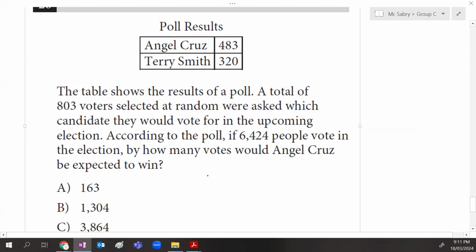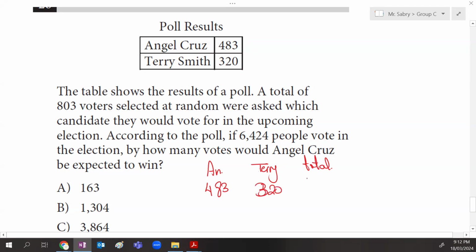So right now, I'll put those as Angel Cruz and Terry Smith over here. And I'll put a new column that says total. Under Angel, I'll put the 483, which is the amount that went for Angel, and under Terry, I'll put the 320.